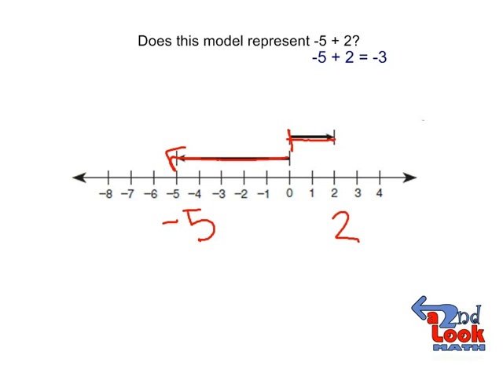We don't even know which one comes first, and what do we end on? We're not ending on that negative 3 that we know up here in our problem we have to end on. Instead, we're ending on a negative 5 and we're ending on a positive 2, which neither one of those quite makes sense for the problem we're trying to represent.